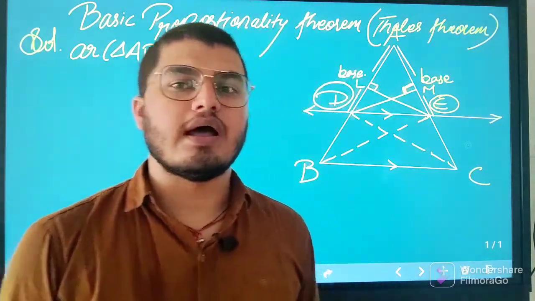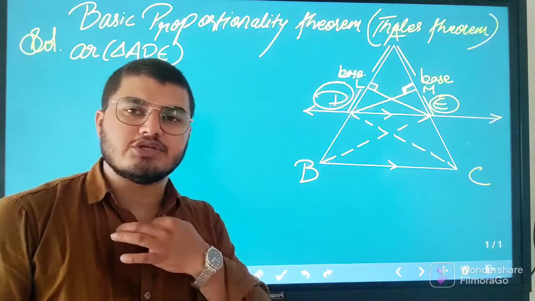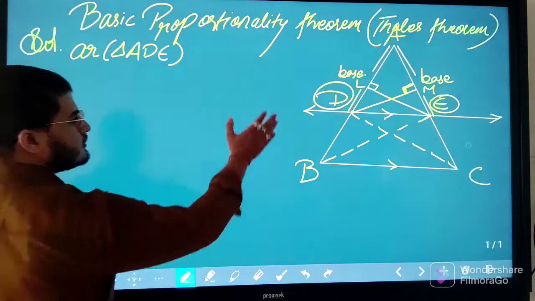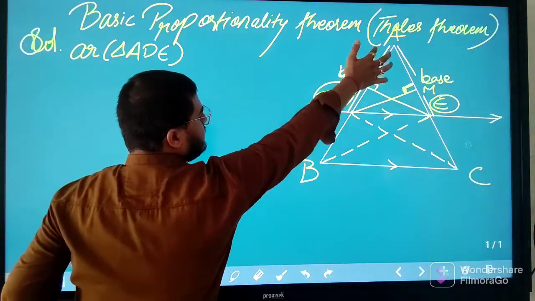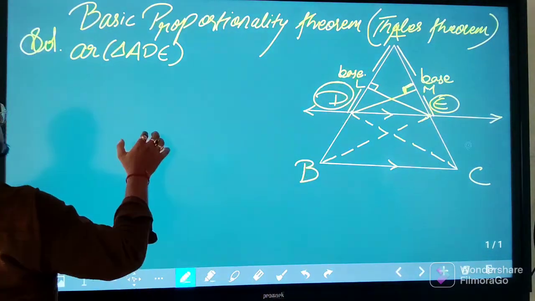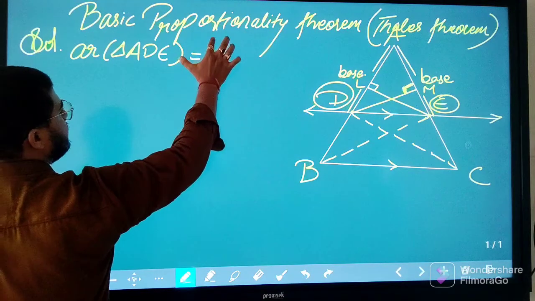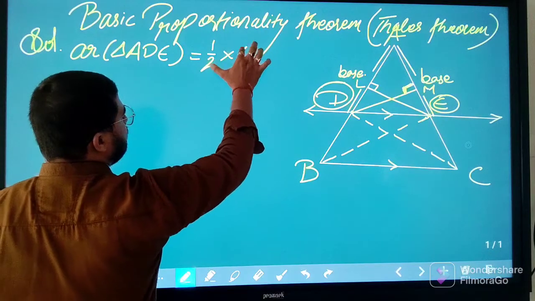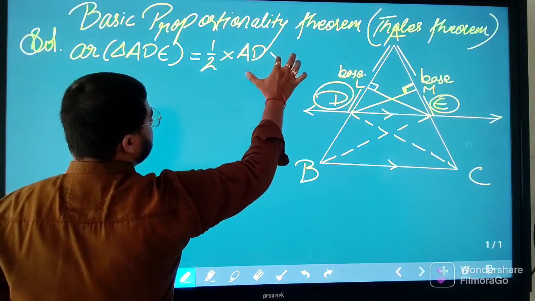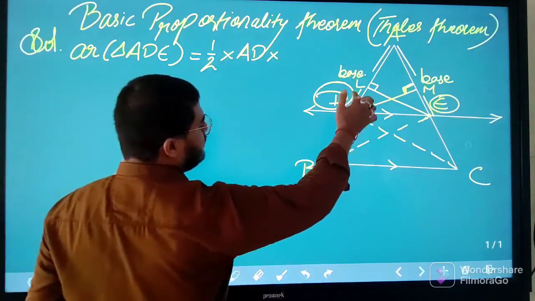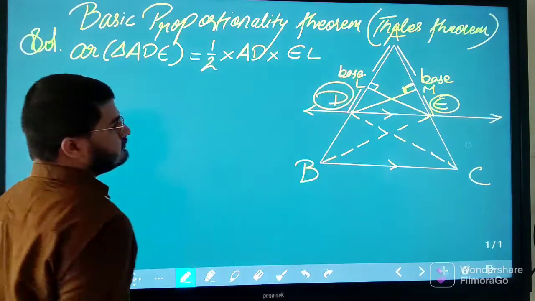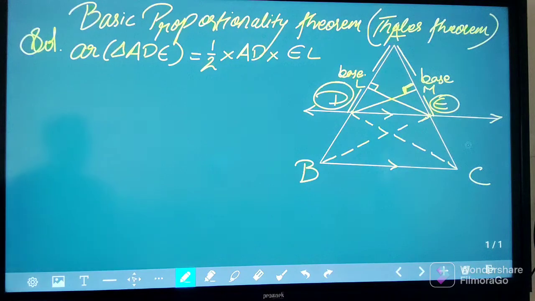Half base into height is the area of the triangle. So if we are observing from the left side, that is the AD side, AD is the base. So area of this will be half multiplied by base. Base is AD, multiplied by height. Height is the perpendicular, so perpendicular is EL. So half AD multiplied by EL. That's correct.